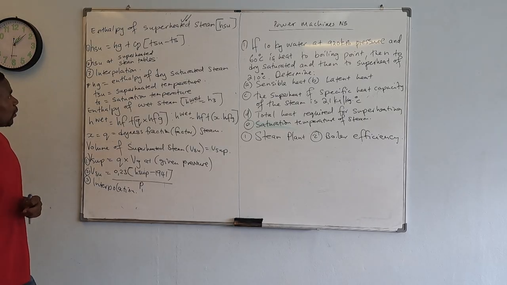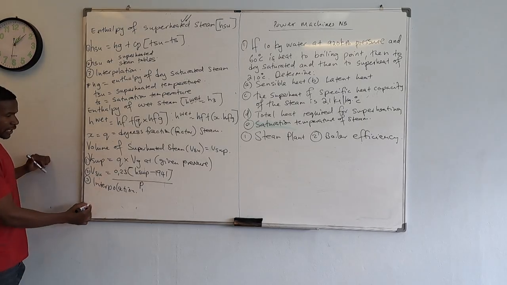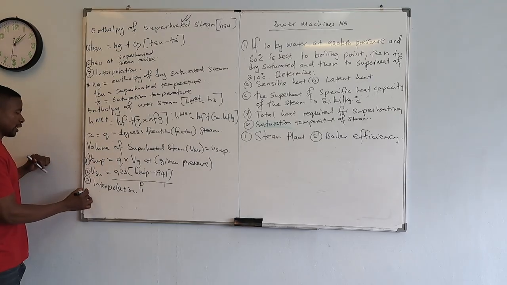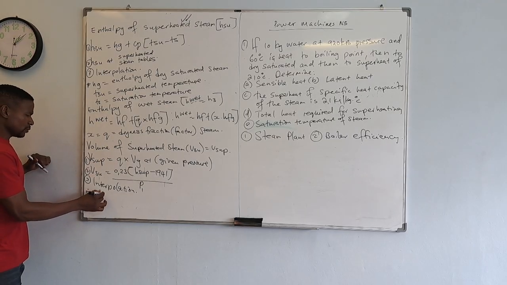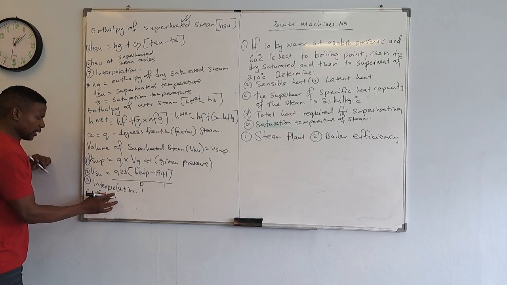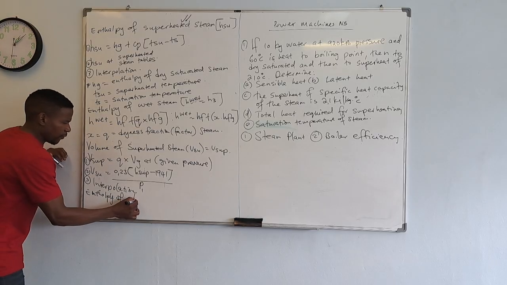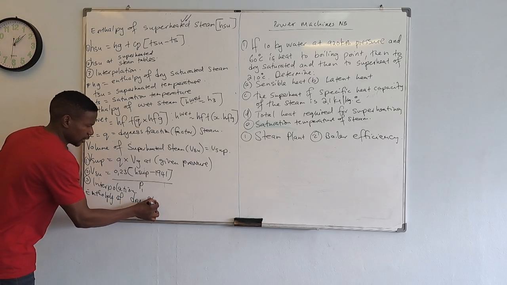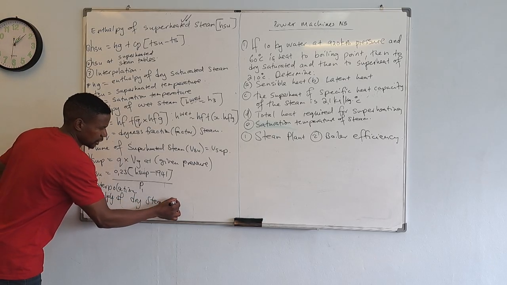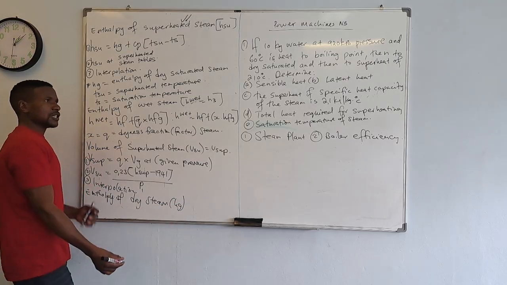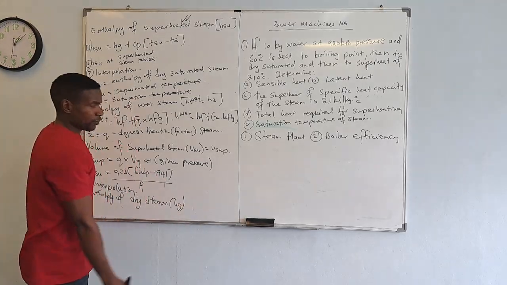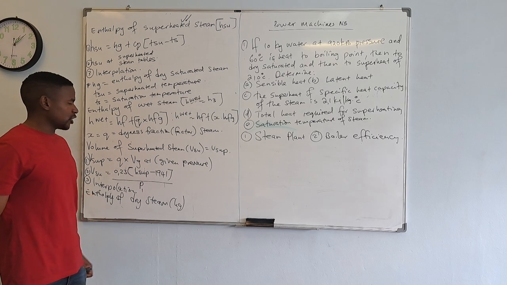So the last part that we need to look at is our enthalpy of dry steam, which is basically our Hg. So Hg, we don't have much stress on how we solve our Hg.